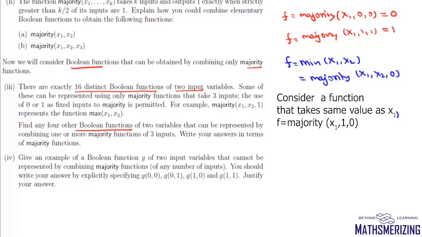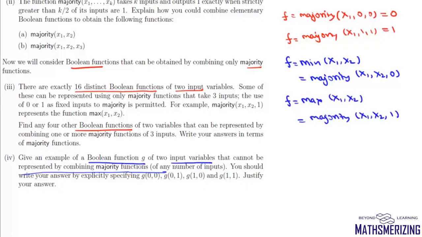Now this fourth question is, give an example of a Boolean function g of 2 input variables that cannot be represented by combining majority functions. You should write your answer by explicitly specifying G00, G01, G10 and G11 and justify your answer. Now there can be many such functions.